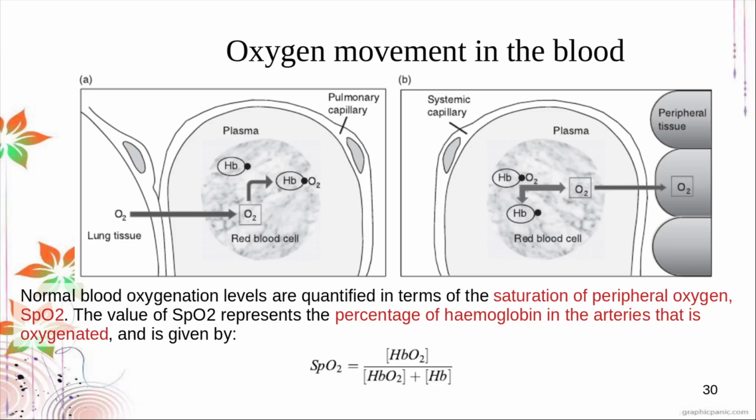Just a brief recap. The oxygen in the blood is actually dynamic. This is the movement of oxygen from the lungs into the blood when you inhale, in the pulmonary circulation. The oxygen enters the lung tissue, this is your alveola, which is connected through just a single cell layer, basically two cell layers.